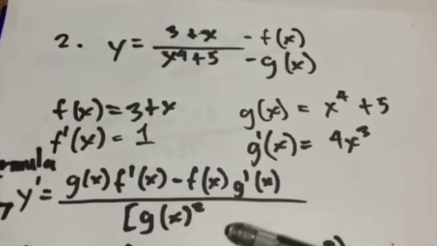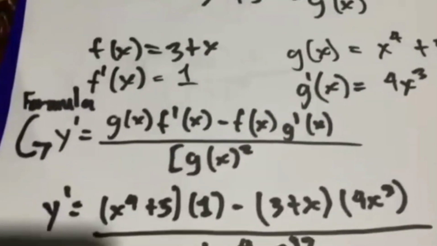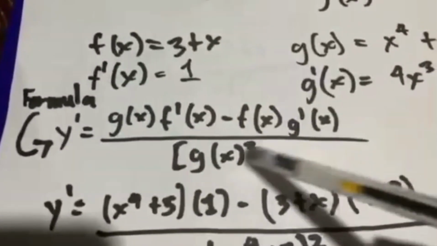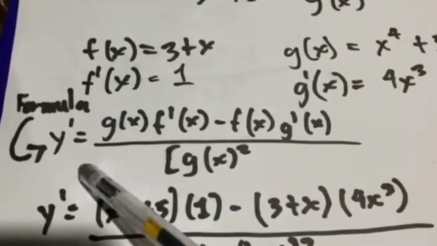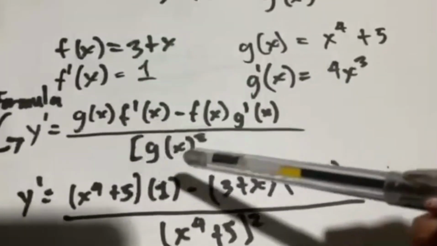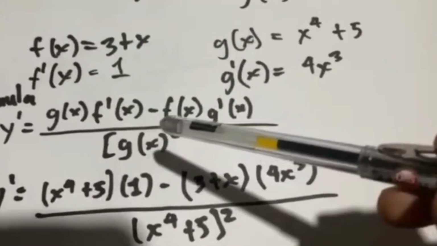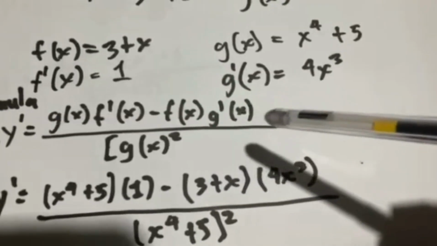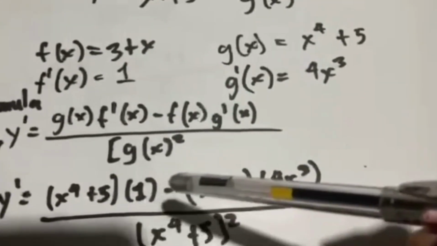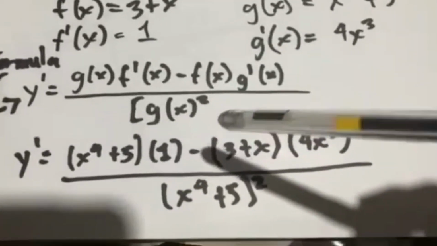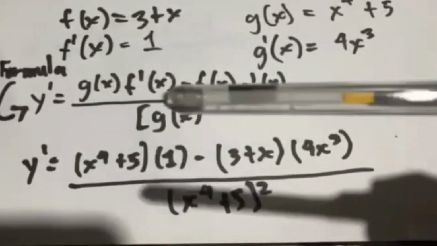Now we're gonna apply the quotient rule. This is the formula of the quotient rule. The formula of the quotient rule is equal to g of x times f prime of x minus f of x times g prime of x over g of x to the power of 2. Now, next, we need to substitute.